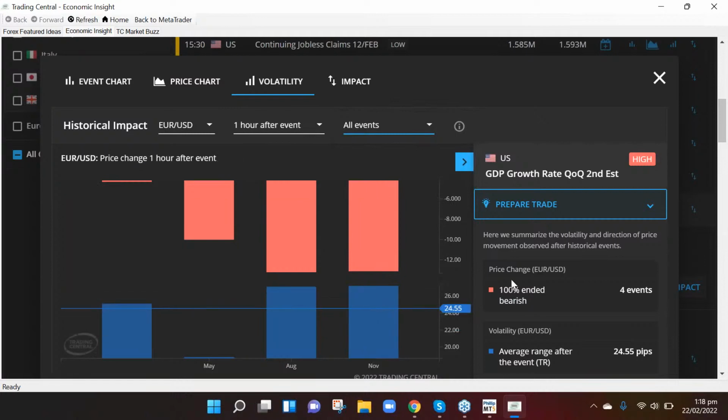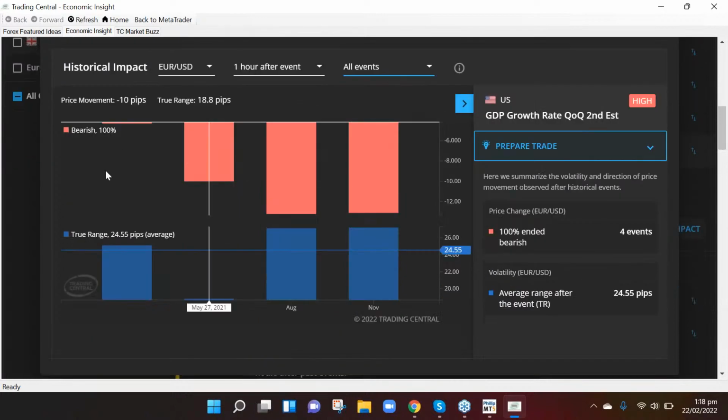And then the whole magic happens here. So you can actually check what was the true range of pips, and yes, this measures the volatility on the FX pair during the observation period. You can see how the price changed.